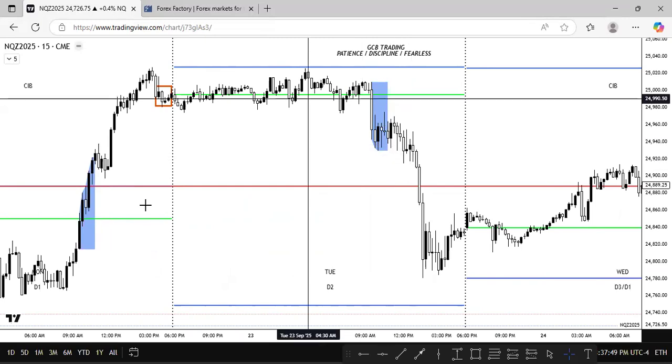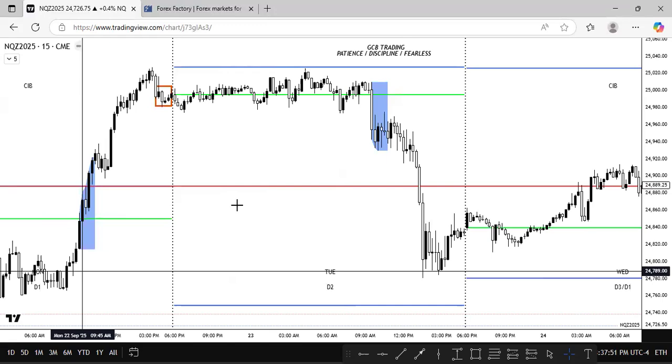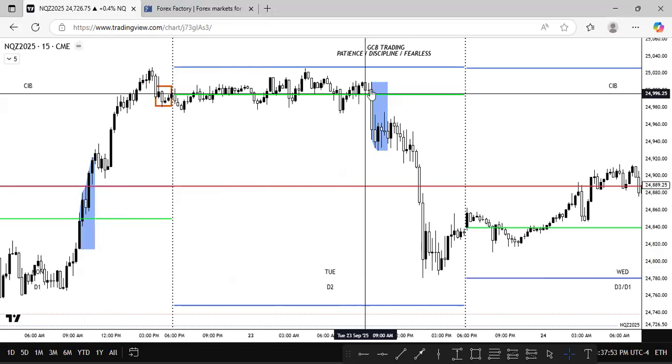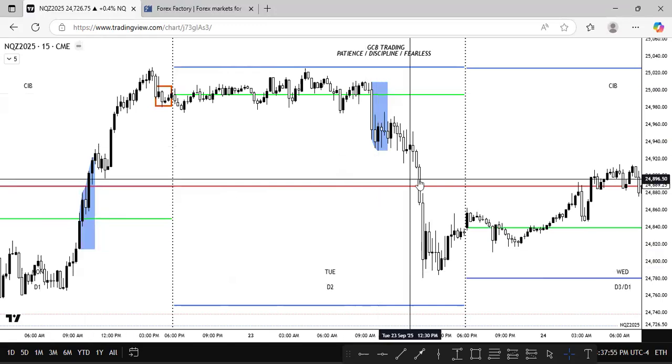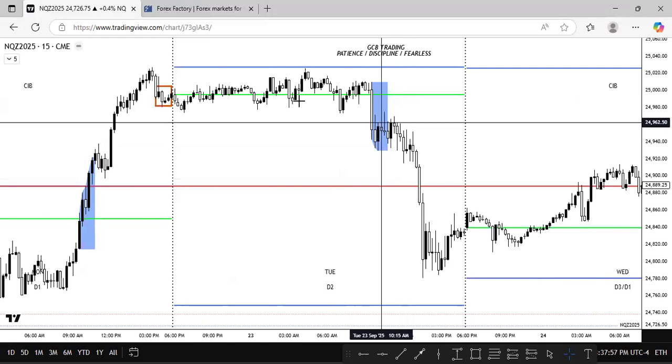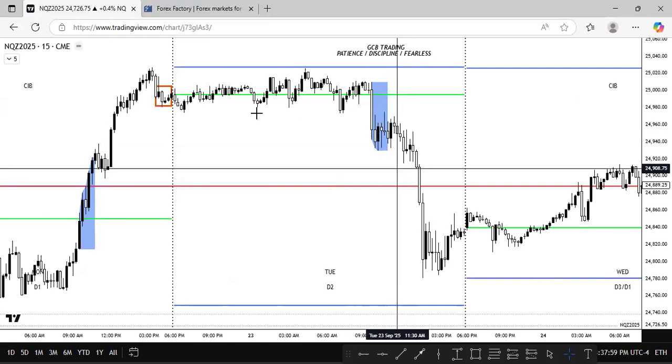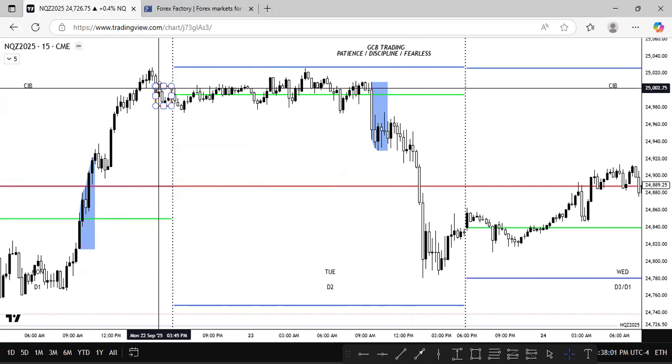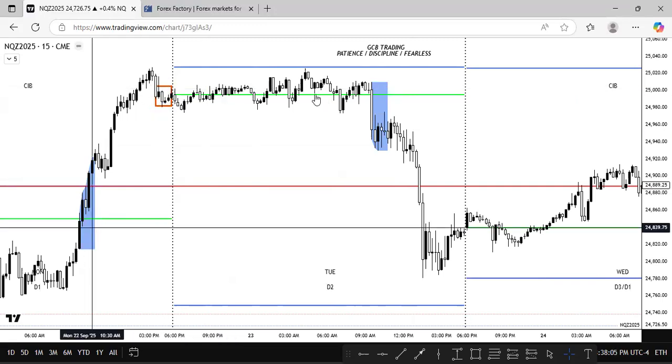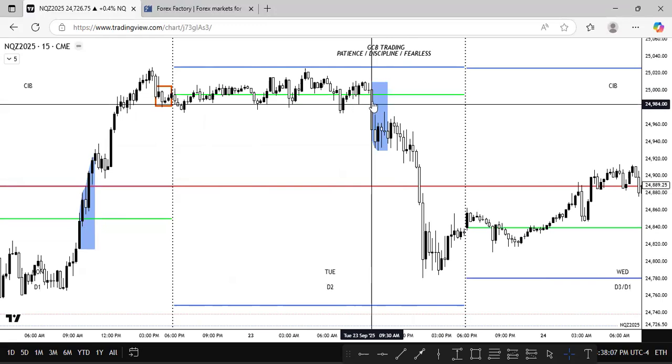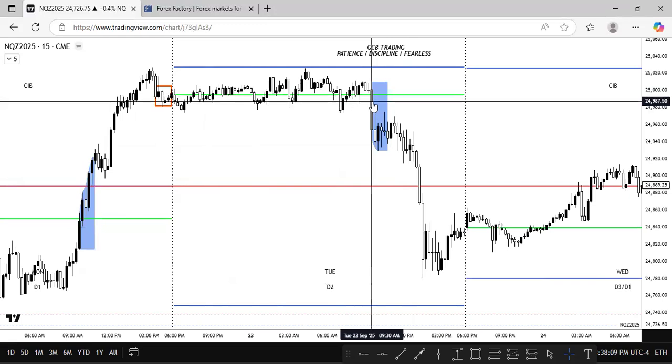Now, we get the setup. The setup is there, guys. After all this has played out, we get the pump, coil, dump. So we have our daily signal, we have the nice pump, we get the coil. Now we had major red news, like I said, at 9:45.